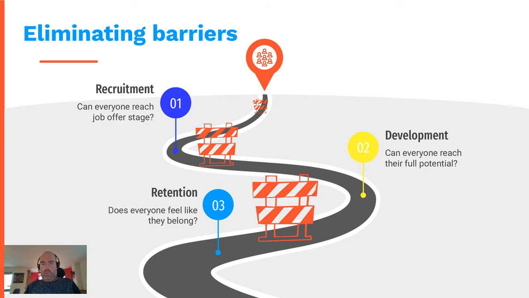And there could also be other speed humps and roadblocks. For example, there could be all sorts of bias that's embedded within your recruitment process that detracts people from entering your organization.